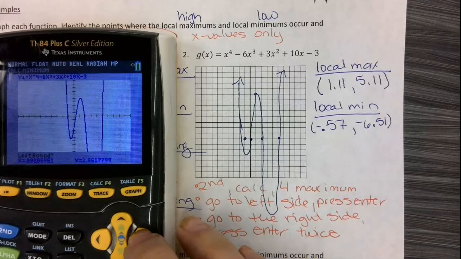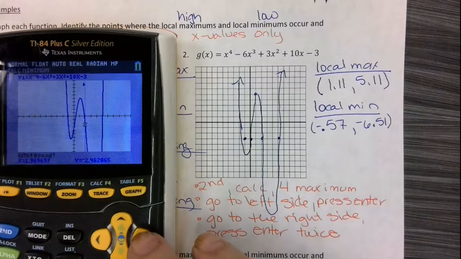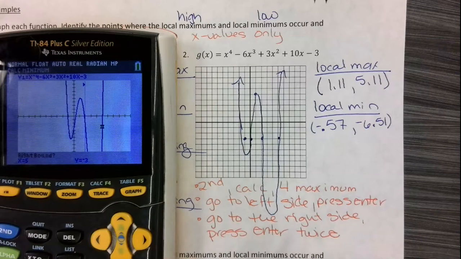This time I'm going to arrow over, so I'm on the left side of the valley. I press enter. It says right bound, so I want the black dot to appear on the other side of the screen. Then I press enter twice. And what is this minimum?